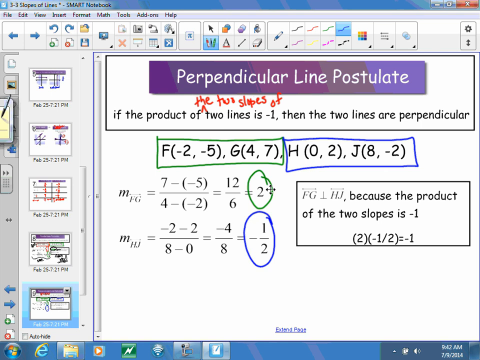One is +2, the other is -1/2. Now, if I take these two slopes and I multiply them together, 2 times -1/2 gives me -1. And that's what the perpendicular line postulate says. If the product of the two slopes of two lines is -1, then the two lines are perpendicular to each other.